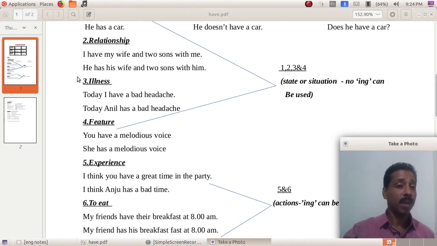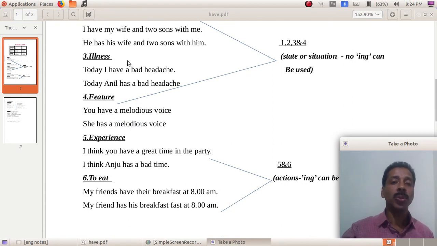But if it is he, we know that instead of have it will become has. I have, he has. And if it is they or you or we, it is have; he, she or it is has. So the second use, to show relationship. And the third one, to show illness.